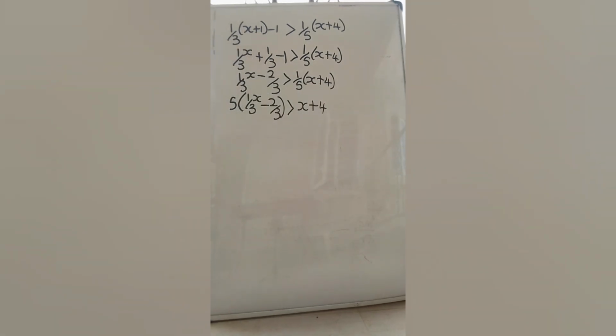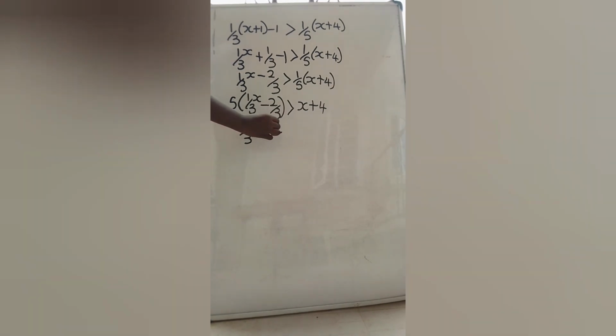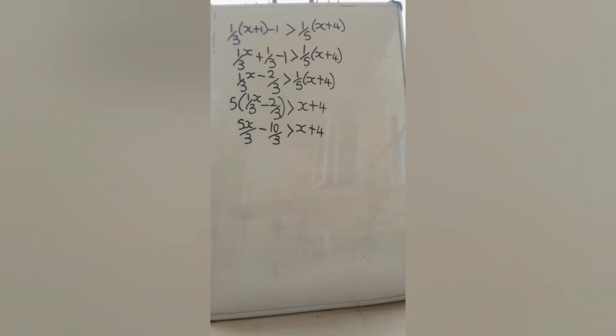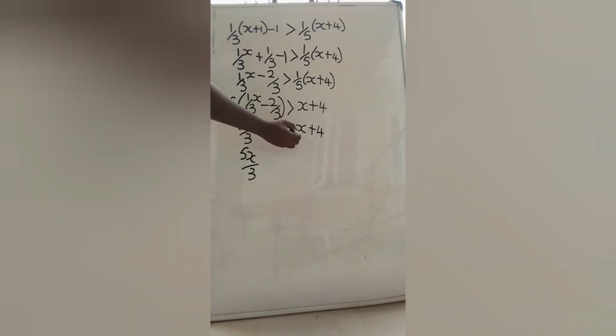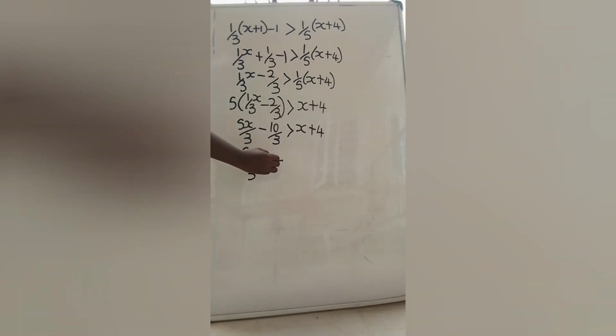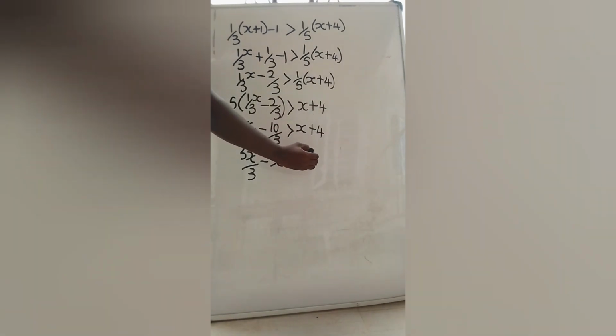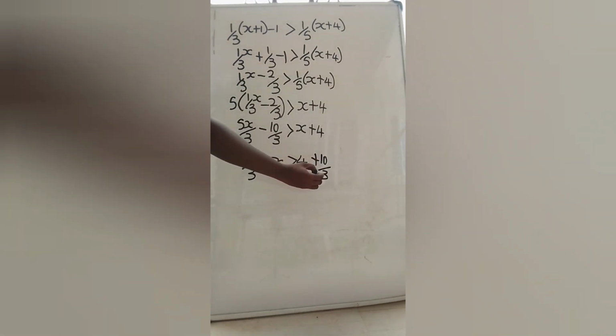When we open up this bracket again, we have 5x over 3 minus 10 over 3 is greater than x plus 4. Now we collect like terms. 5x over 3, then x comes over to here to become minus x, is greater than 4 minus 10 over 3 crosses here to become plus 10 over 3.